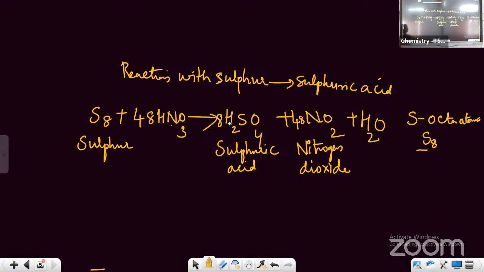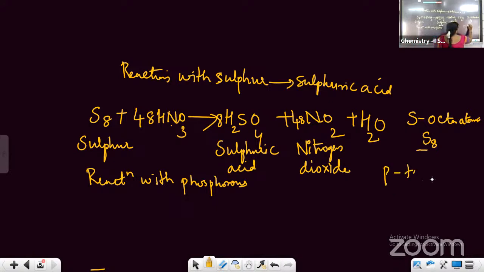Sulfur reacts with nitric acid to give sulfuric acid and nitrogen dioxide. The next is reaction with phosphorus. Now, we know phosphorus is tetraatomic.